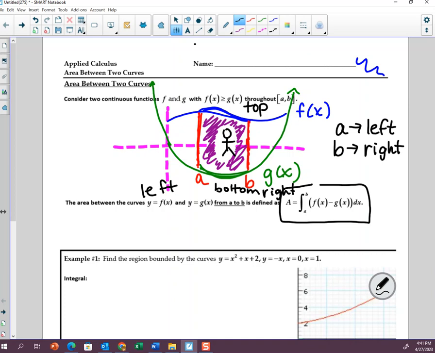Sometimes those are given to us. Sometimes they happen naturally because of intersections. We'll look at a couple different versions. We have a top and a bottom, and a left and a right. And if we calculate the integral from A to B, from left to right, of the top function minus the bottom function, that will give us that area.